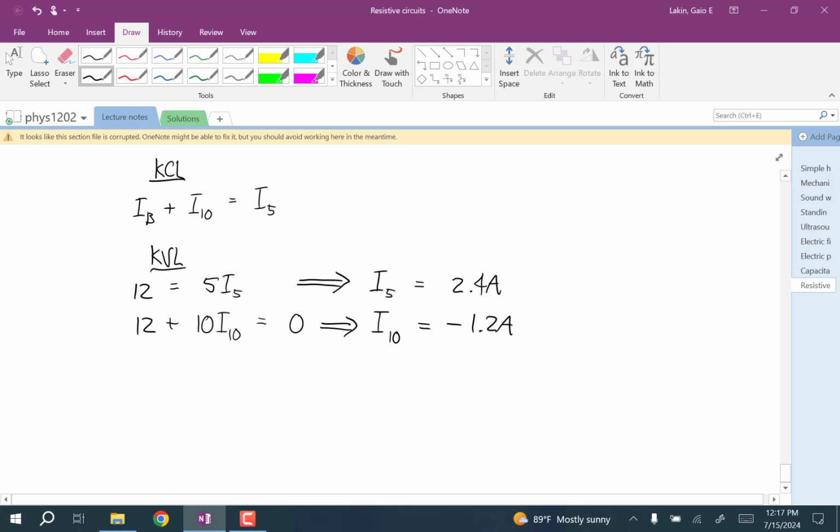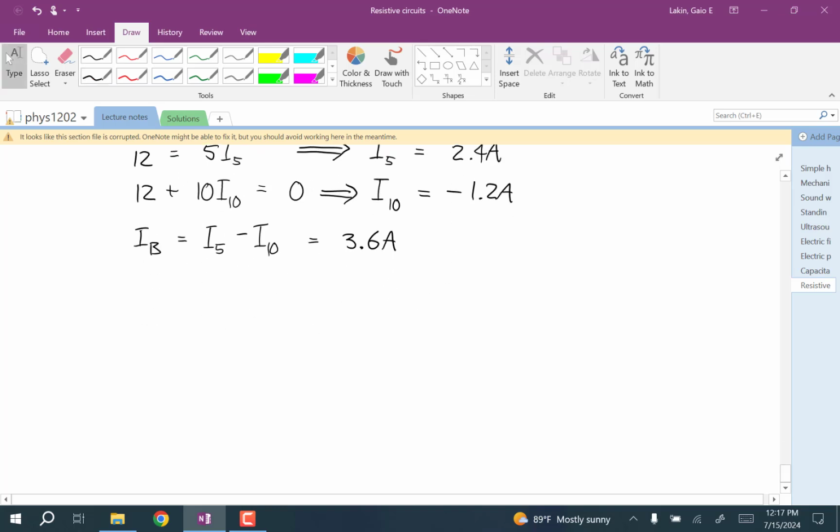And now finally, IB, I go up to the current law equation. IB is equal to I5 minus I10, which is 2.4 minus 1.2, so 3.6 amps. Since we only have one negative, we only have one wrong direction.